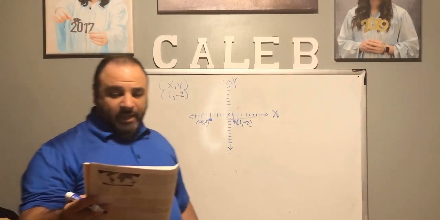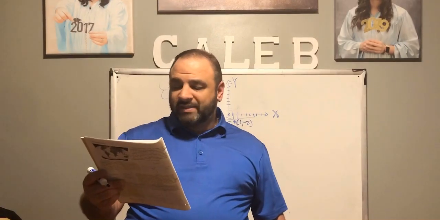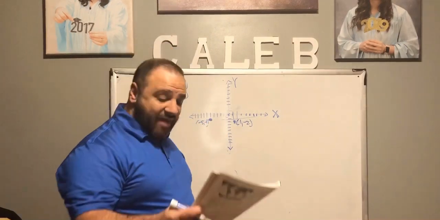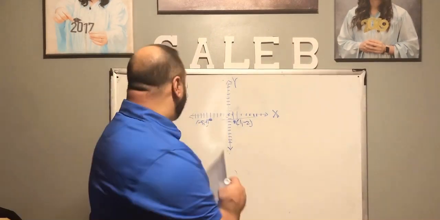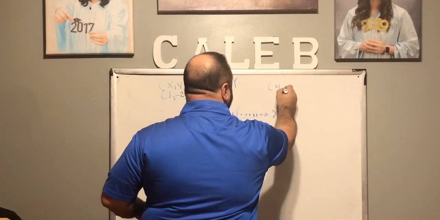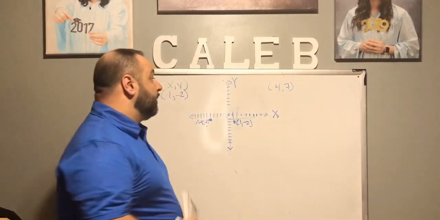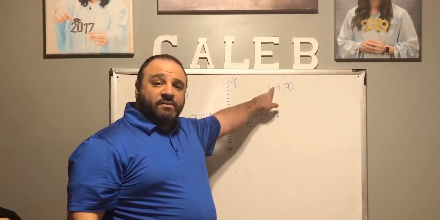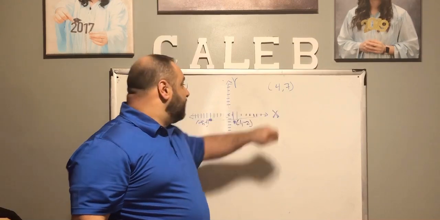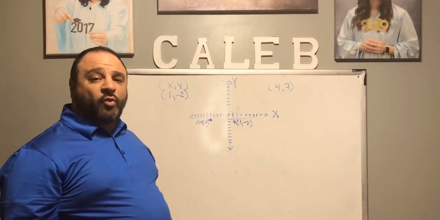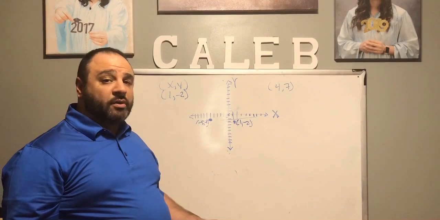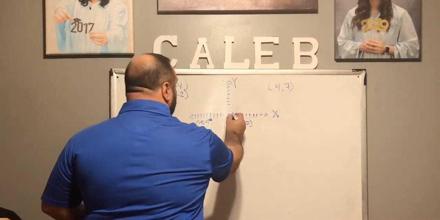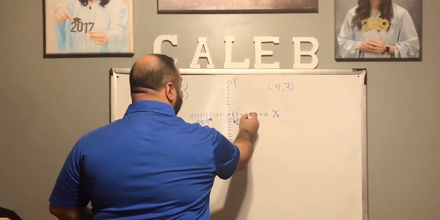All right, let's look at number 10. Number 10. So we have 4 and 7. Okay, locate the x first, so locate the abscissa. Since it's positive, we're going to go 4 spots to the right of 0: 1, 2, 3, 4.